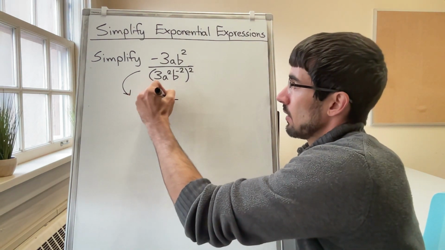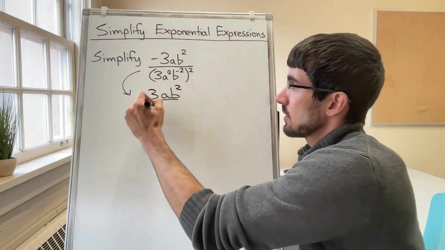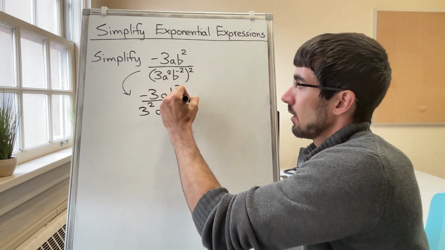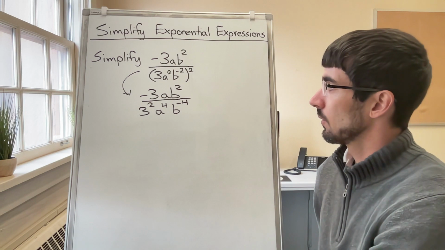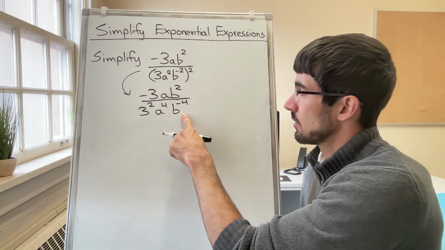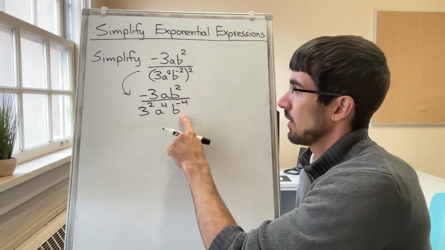So let's rewrite this. I have negative 3ab squared over 3 squared a to the 4th b to the negative 4. Okay? I'm going to evaluate this coefficient, and I'm going to move this negative exponent, rewrite this as a positive exponent.